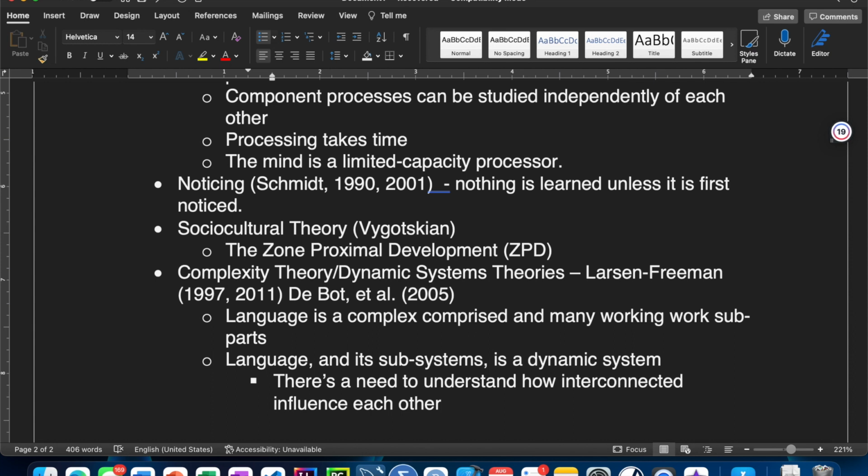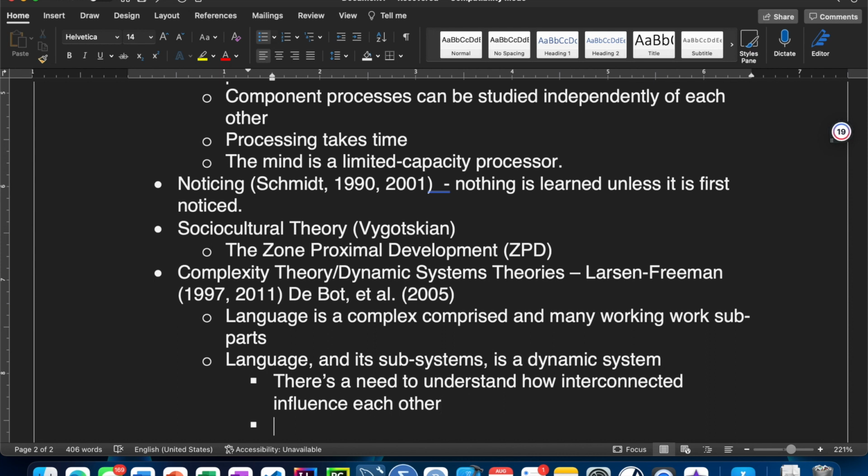So we can't necessarily, in this version of a cognitivist view of SLA from complexity and dynamic systems theories, divorce the learner or teaching from social context, because social context has some influence on language learning. And likewise, language learning can then have its own influence on that individual's social context.